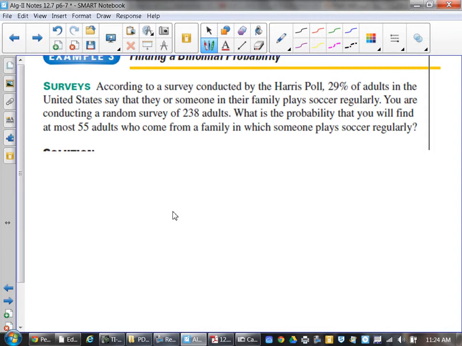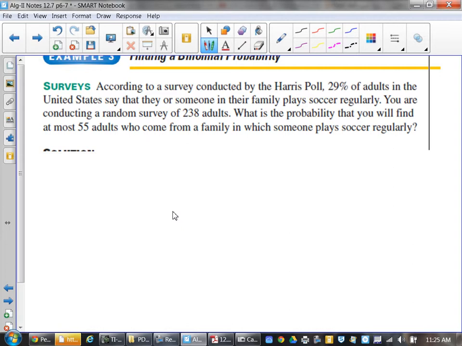So if you conduct a random survey of 238 people, which would be considered an n value that is large, but that they or someone in their family. It says then, what is the probability that you will find at most 55 people who come from a family who plays soccer? So here's what happens.